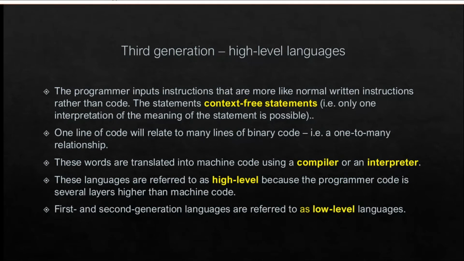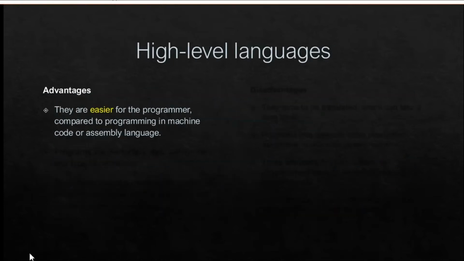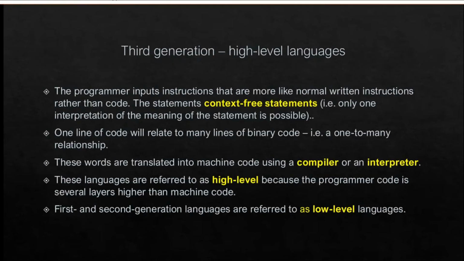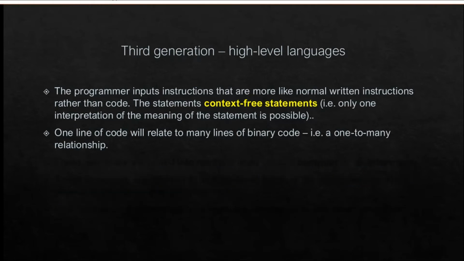First and second generation languages we normally talk about as low level because you are directly controlling the CPU. Everything else is high level. Now you will see quite a few articles on the World Wide Web that talk about the C programming language and tell you that C is a low-level language. I would heartily disagree with that, and the reason is this one-to-many relationship.